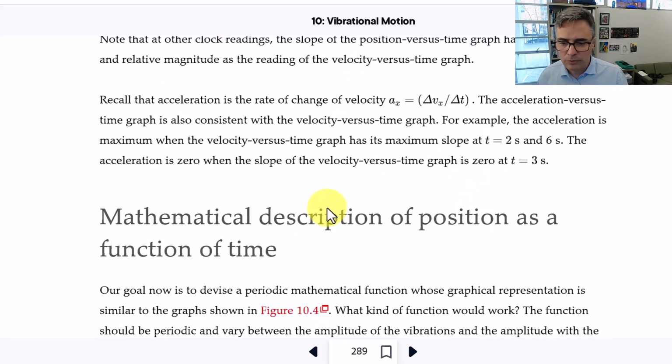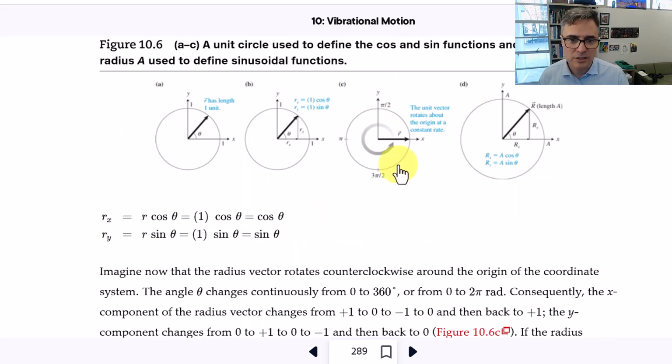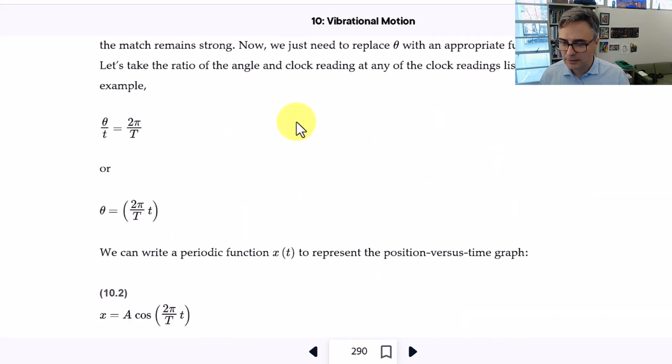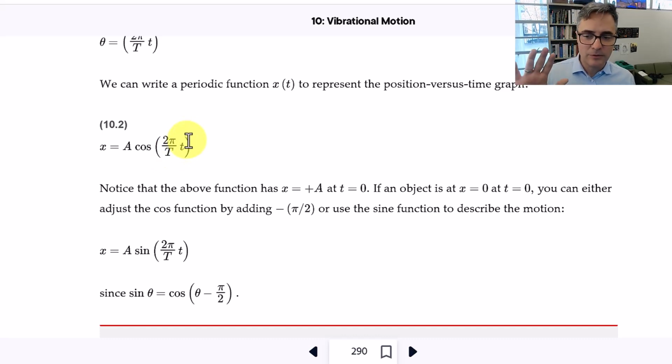You should go through this description. There is a mathematical description, which they talk a little bit about a circle. They go through a lot of this stuff, and then they just give you this equation 10.2. x equals A times the cosine of 2 pi over capital T times lowercase t. So it's a little complicated looking, but basically the variables here are x, that's the position, and t, that's the time.